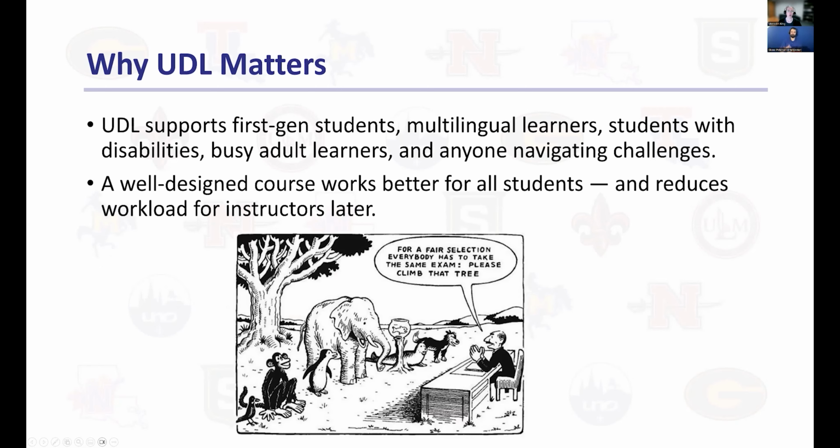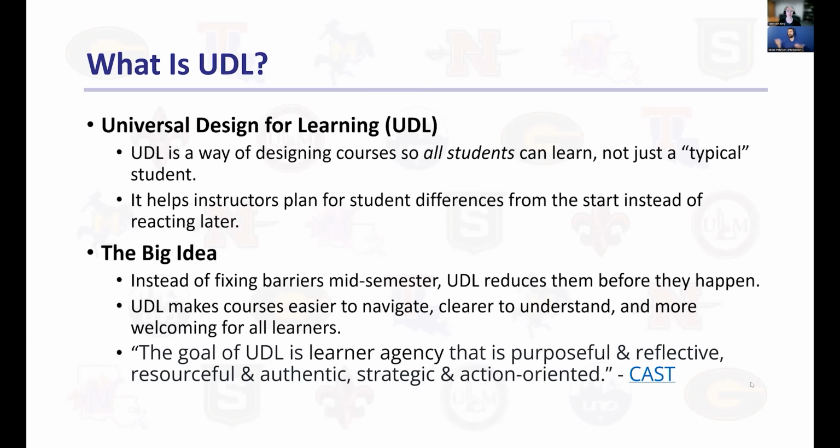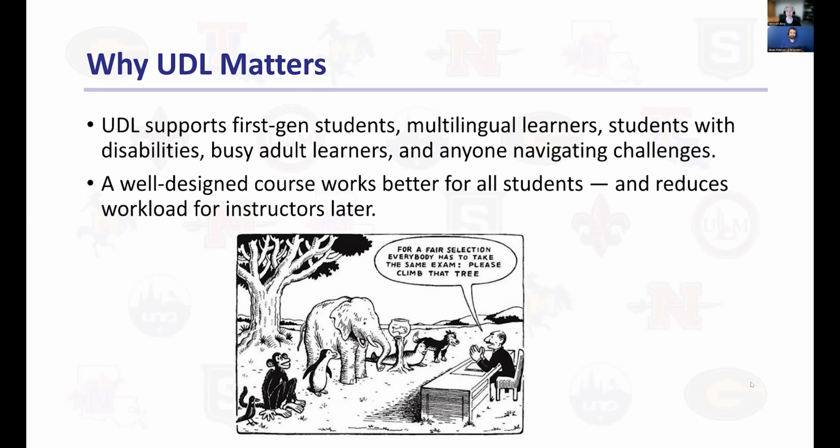Let's discuss why universal design for learning matters. So universal design for learning supports all kinds of students, right? Supports first generation students, multilingual learners, students with disabilities, busy adult learners, and anyone that might be navigating any sort of challenges or difficulties.